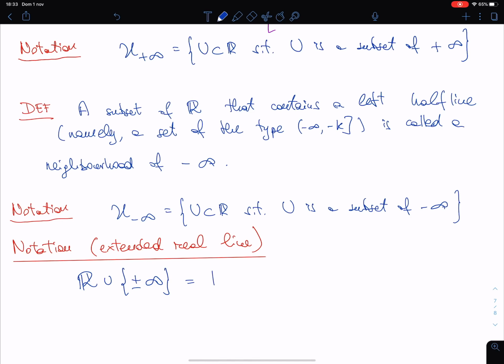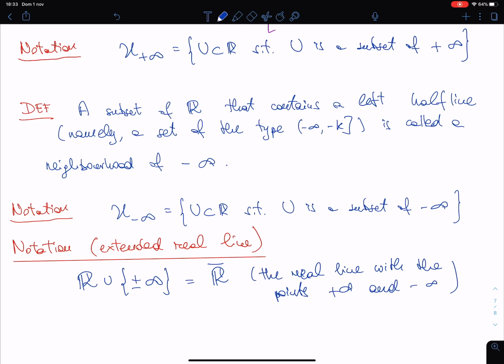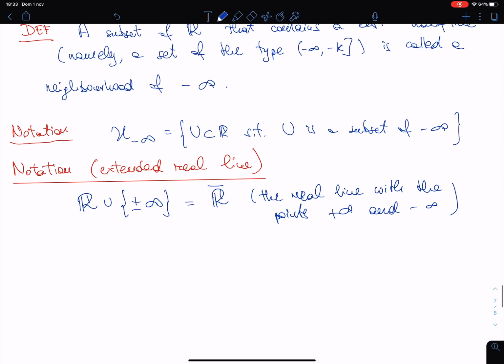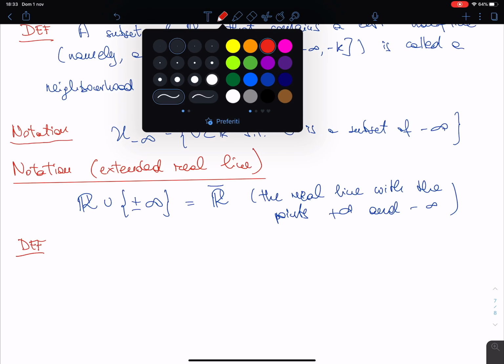This here is usually denoted by R bar. So this is the real line plus, in addition, the points plus and minus infinity. This is just a symbol for us. I will not introduce a strange operation on that, but why it is comfortable: by using it, we can give a general definition of limit.